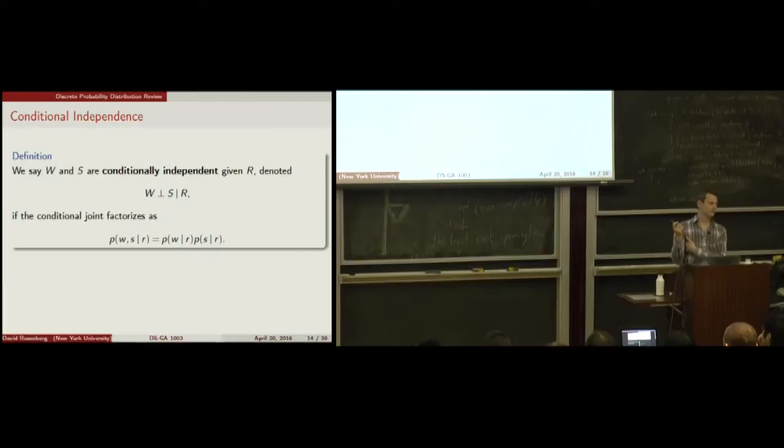It's just like the factorization you get for independence, except we have a condition on R at every piece. So W and S are conditionally independent given R if the probability of W and S is equal to the probability of W times the probability of S, where all those probabilities are conditioned on R. So it's just like independence, except in every piece we're conditioning on this event.